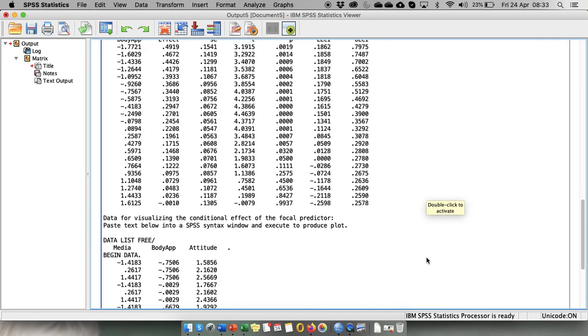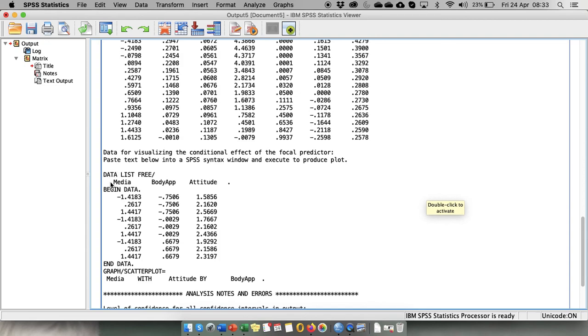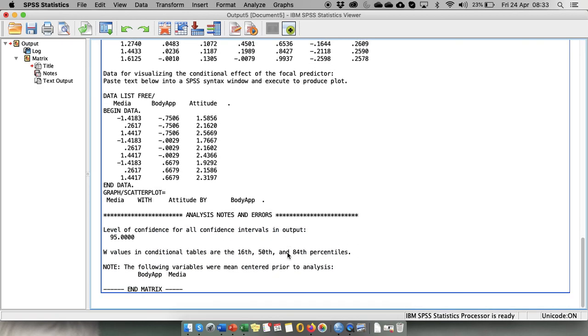So this is how you also get this output, and this data can be plotted in Excel to build the graph to visualize the regression lines for people who had high, medium and low body appreciation.